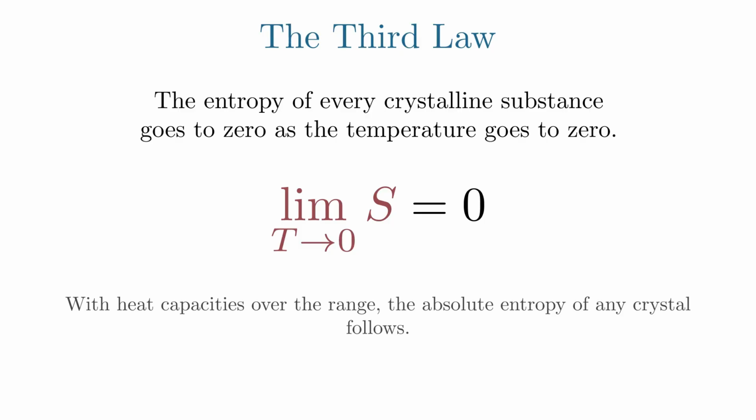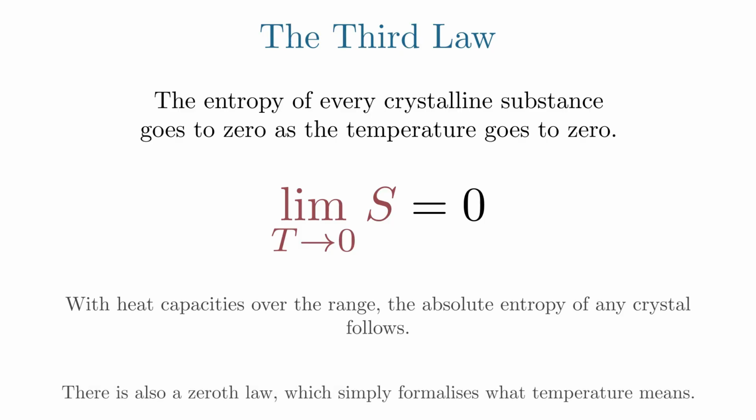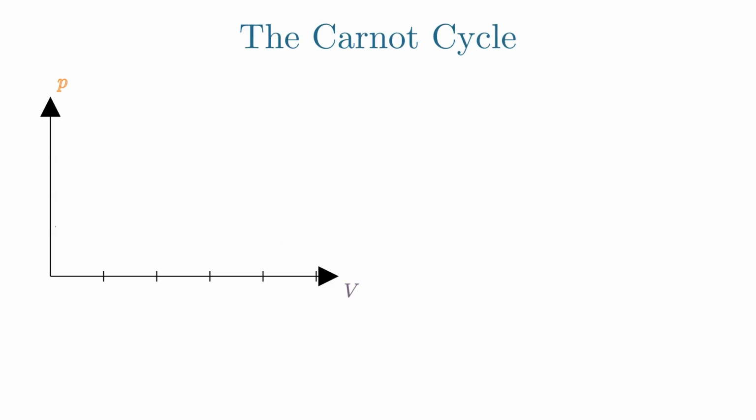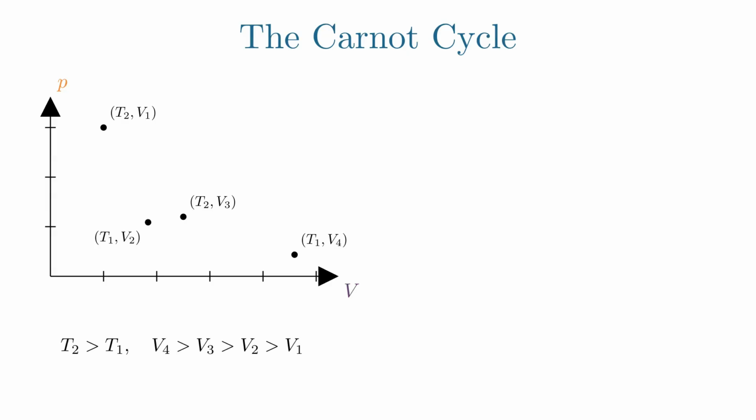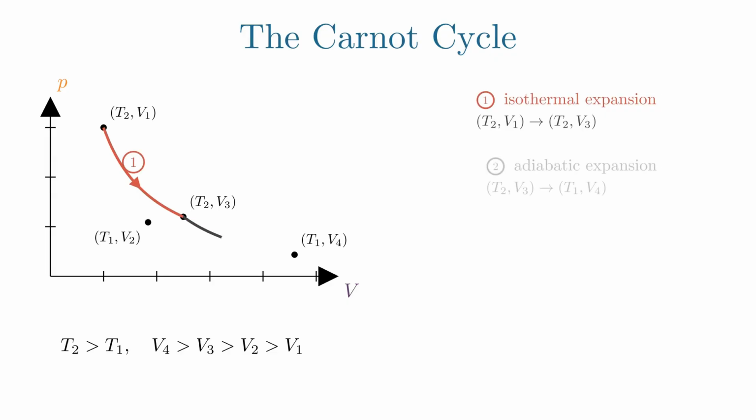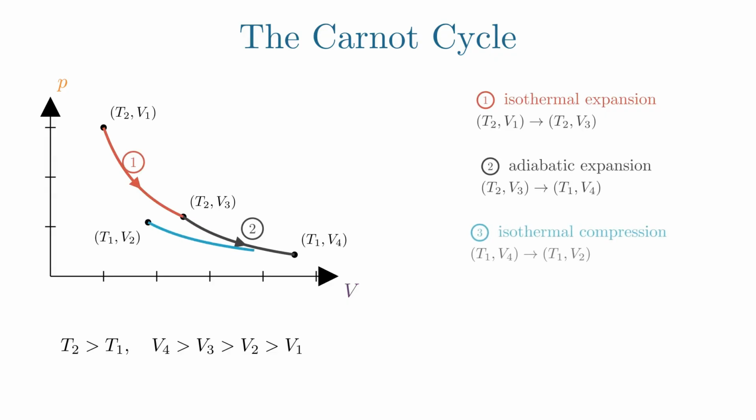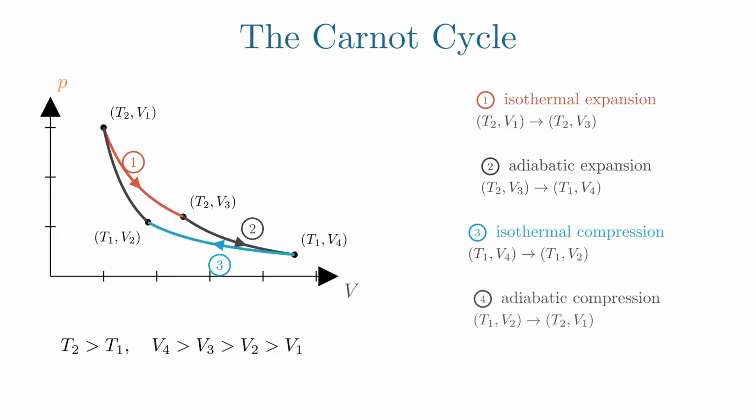Now let's show the entropy change for any closed cycle is zero and make a connection to the applications to heat engines. Consider a Carnot cycle, which is made of 4 individual processes. The Carnot cycle consists of: 1. Isothermal reversible expansion from T2 V1 to T2 V3, then adiabatic reversible expansion from T2 V3 to T1 V4.